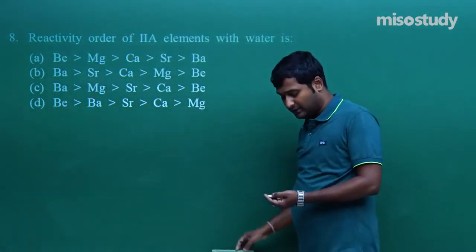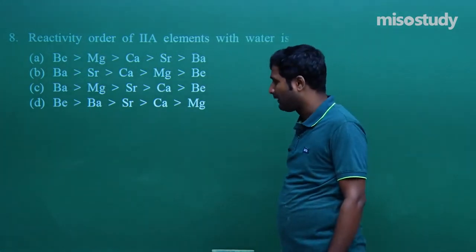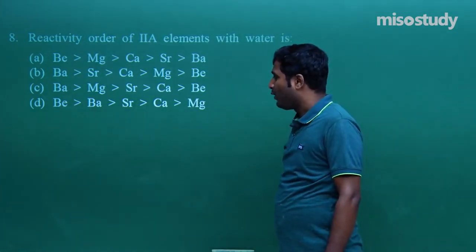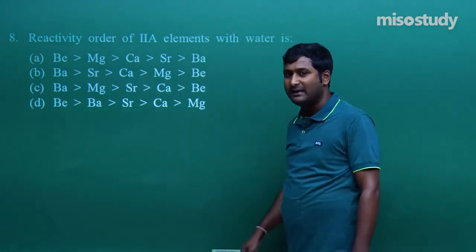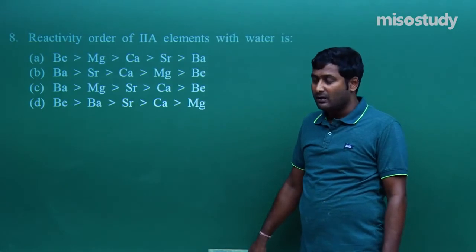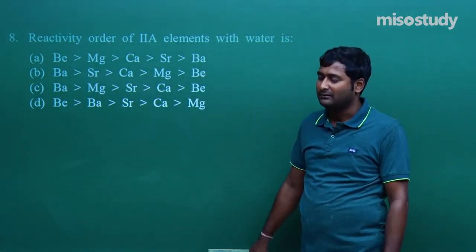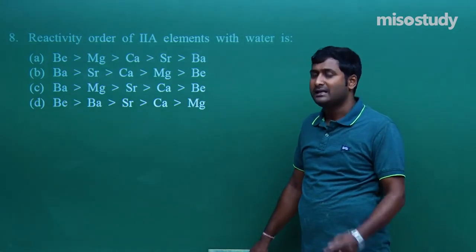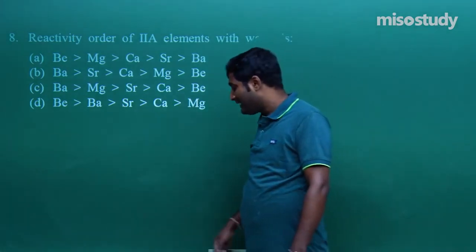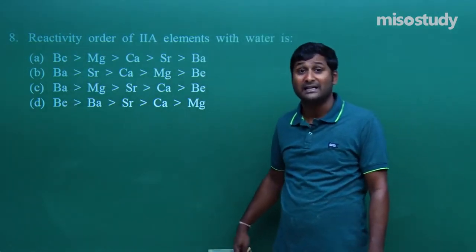Now one more thing, tell me, what is the main dissimilarity between alkaline earth metals and alkali metals? There is a basic dissimilarity, that is the stability of carbonate, bicarbonate and sulfate.